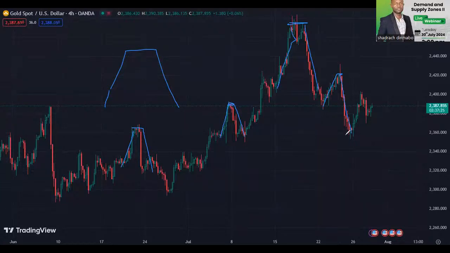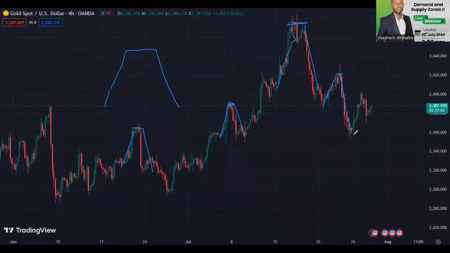So it can constitute the base point. It can be a cluster of candles. It can just be a bearish engulfing candle, because we're talking about a supply zone right now. It can be a shooting star. It can be an evening star. Whatever it is, one of the reversal patterns.